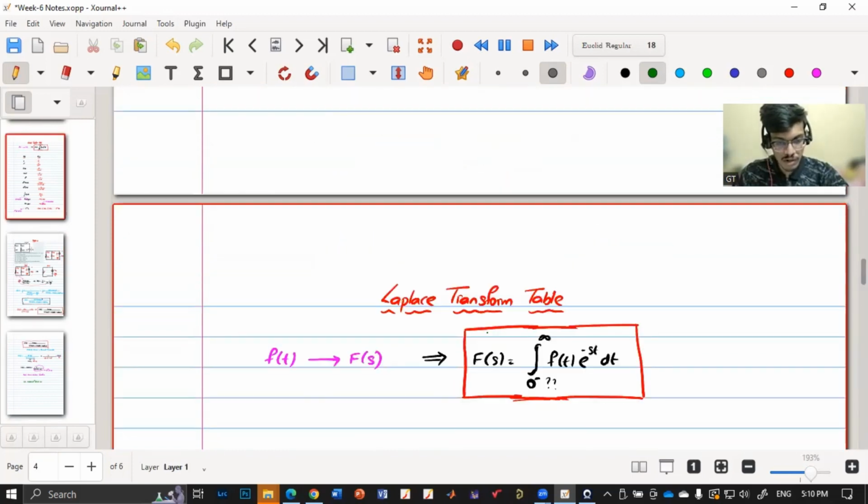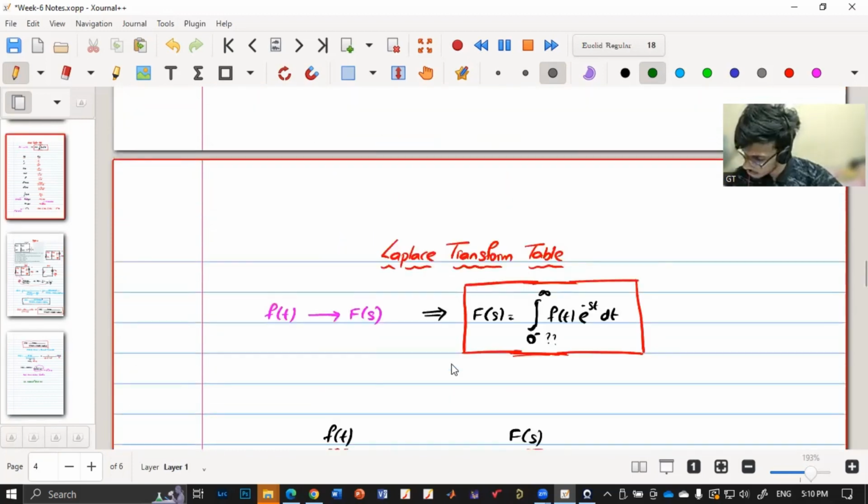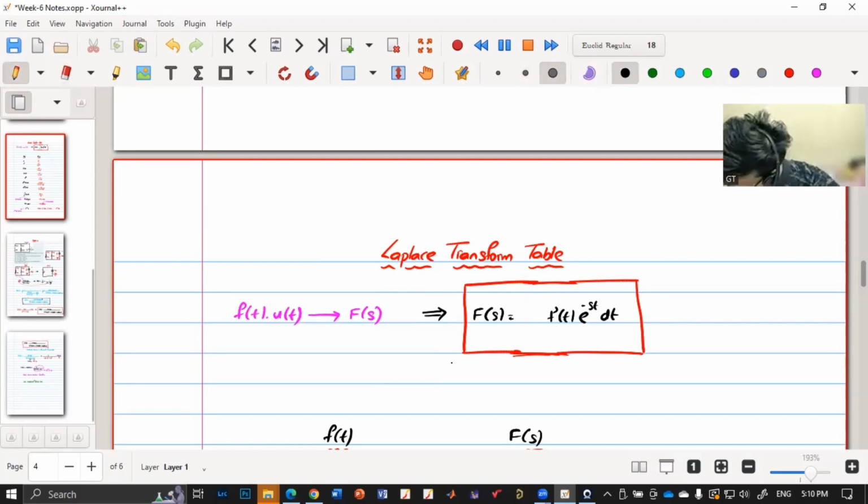So for function f of t, u of t, the integral will be from 0 to infinity, as u of t is only 1 from 0 to infinity.